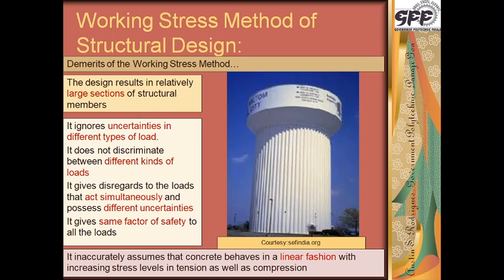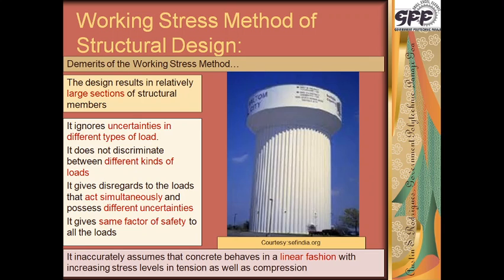In concrete, we take factor of safety 3, so yield stress divided by 3. In steel, it is yield stress divided by 1.8. So that much time, that is 3 times or 1.8 times, the sections go on becoming larger. So the design results in relatively large sections of structural members.